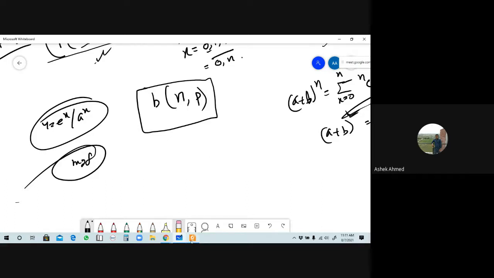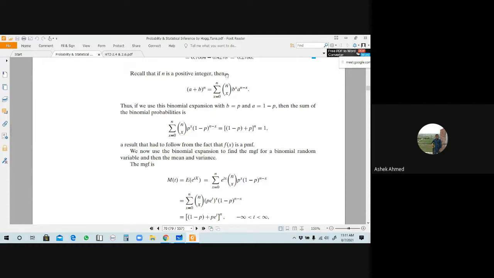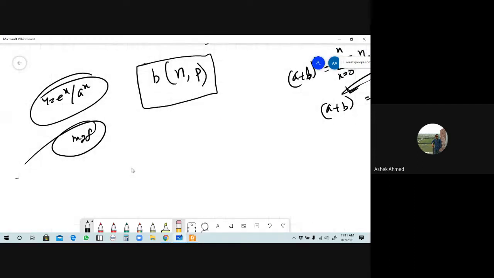Since here p to the power x is an exponential function, and 1 minus p whole to the power n minus x is also an exponential function, in that case we will use the moment generating function concept. We know that the moment generating function, capital M of t, is the expectation of e to the power tx, which is the summation of e to the power tx into f of x.